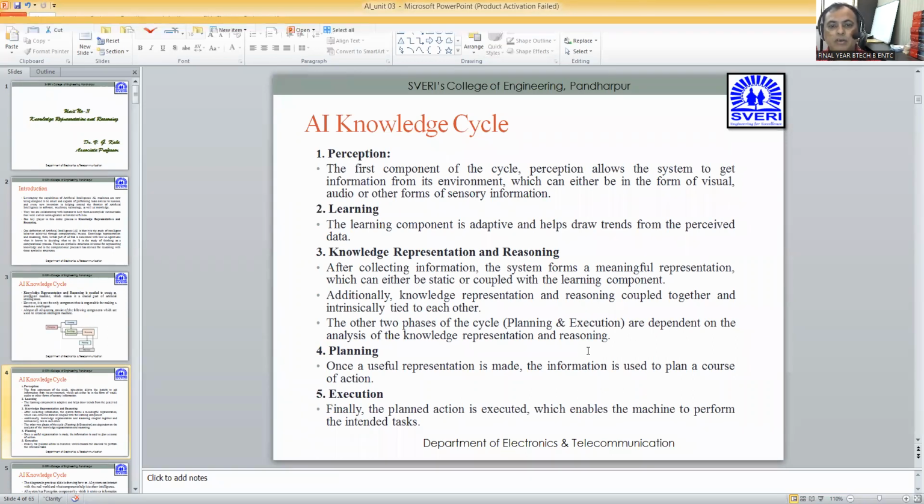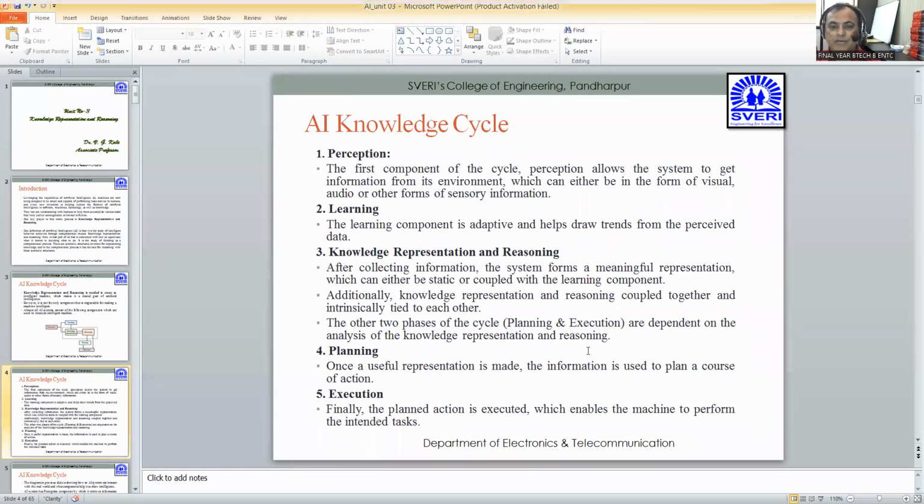Now, the third point, knowledge representation and reasoning. There are some functions that are carried out here.